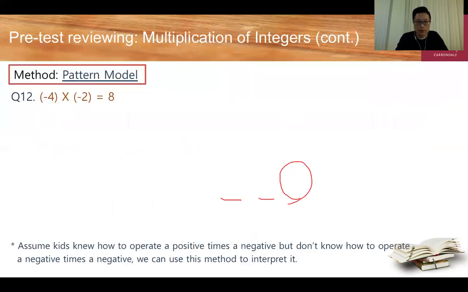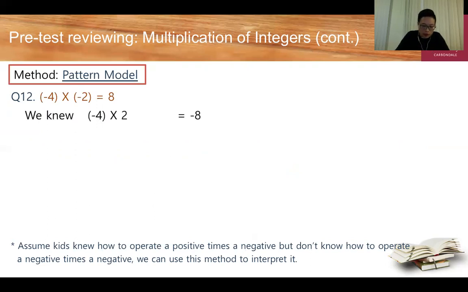Okay. So the same, we start from the pattern model because it's the simplest model. We know that students know how to operate positive times negative, right? But they don't know how to operate negative times negative.